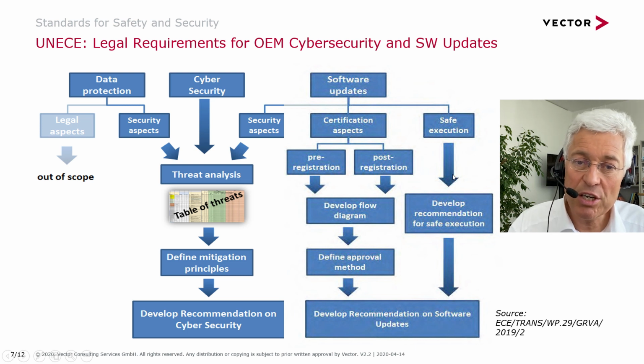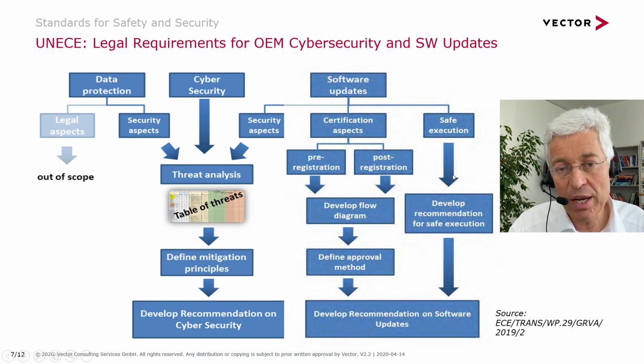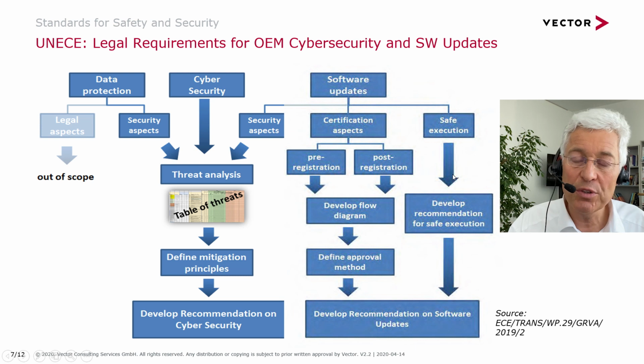So the software update management from the UNECE perspective is a regulation which certifies the OEM so that any software update does not negatively impact any of the type approval parameters. What would that mean?